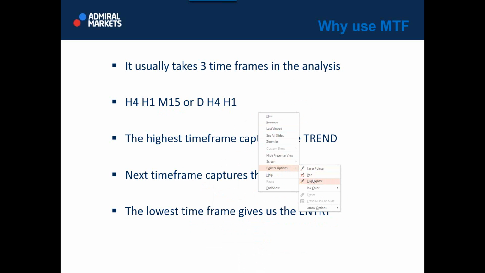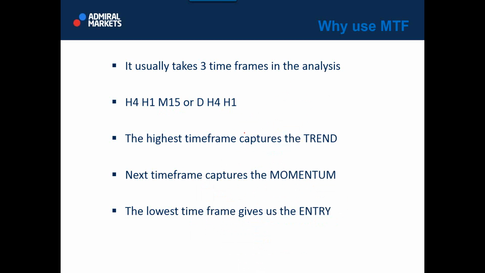You need to be able to capture the trend. Let's say the trend is to the upside, okay? So you have to define the trend to be bullish. Bullish trend means that the prices are going upside, to the long side. Next, the lower time frame. Let's say we are using 4 hours to capture the trend.